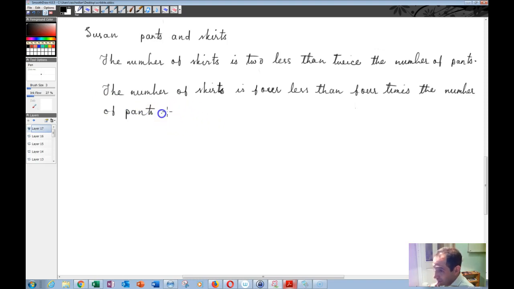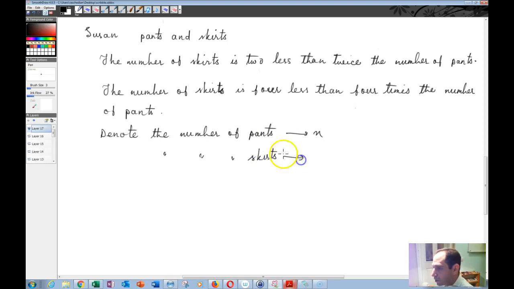Now if you want to figure out the number of pants and skirts that Susan bought, what you can do is denote the number of pants by x, for example, and the number of skirts by y.